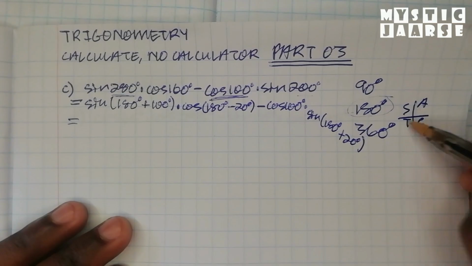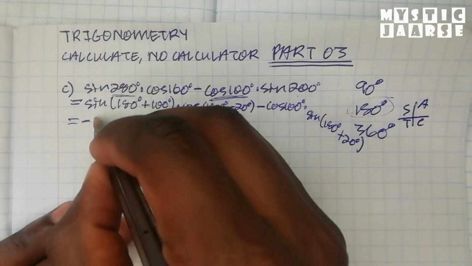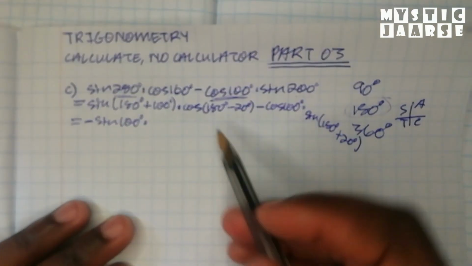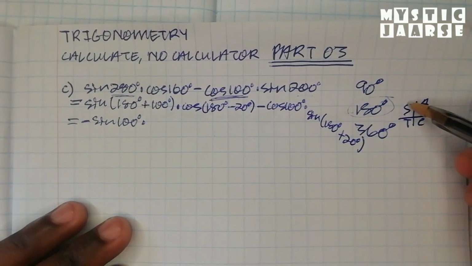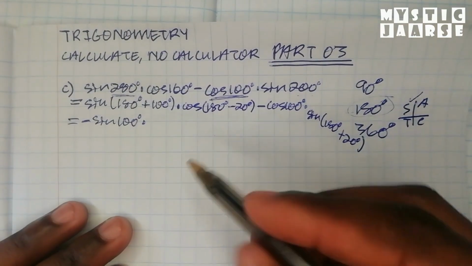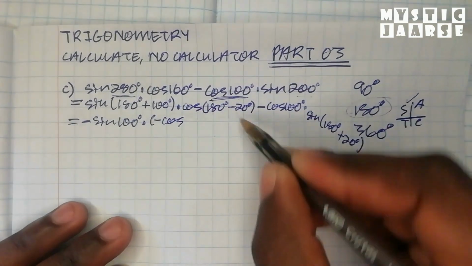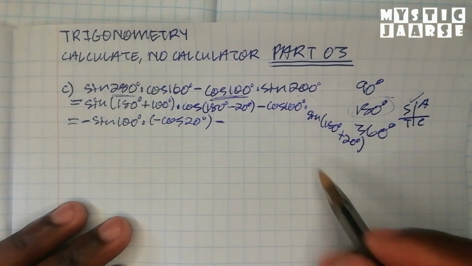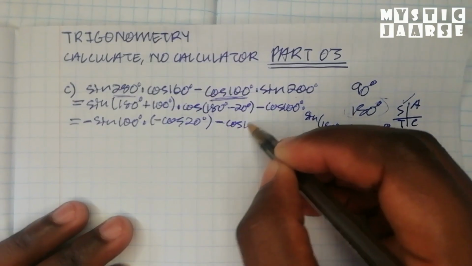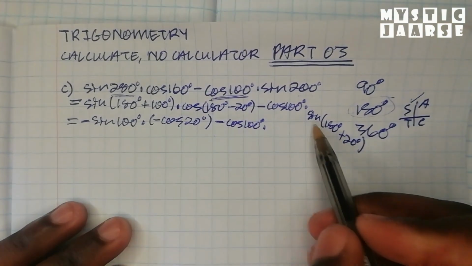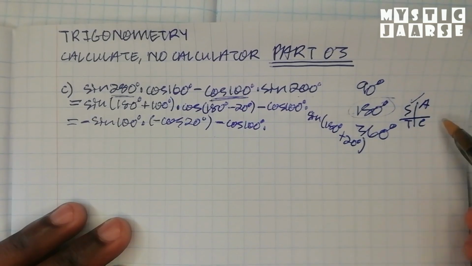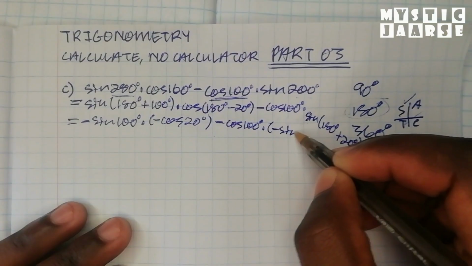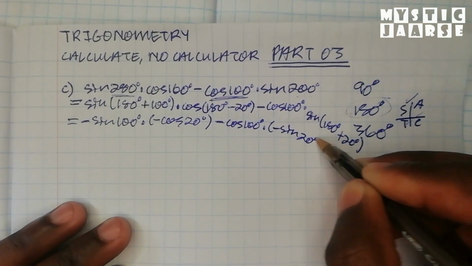And sine is negative, so we'll be having negative sine of 100 degrees multiplied by cos of 180 minus, that's the second quadrant, and cos is negative, so we'll be having negative cos of 20 degrees minus cos of 100 degrees multiplied by sine of 180 plus, that's the third quadrant, and sine is negative, so we'll be having negative sine of 20 degrees.